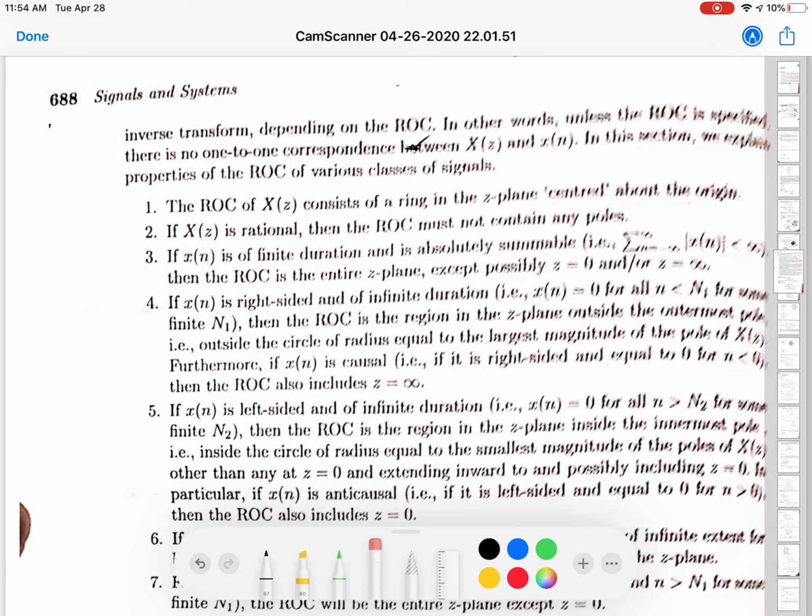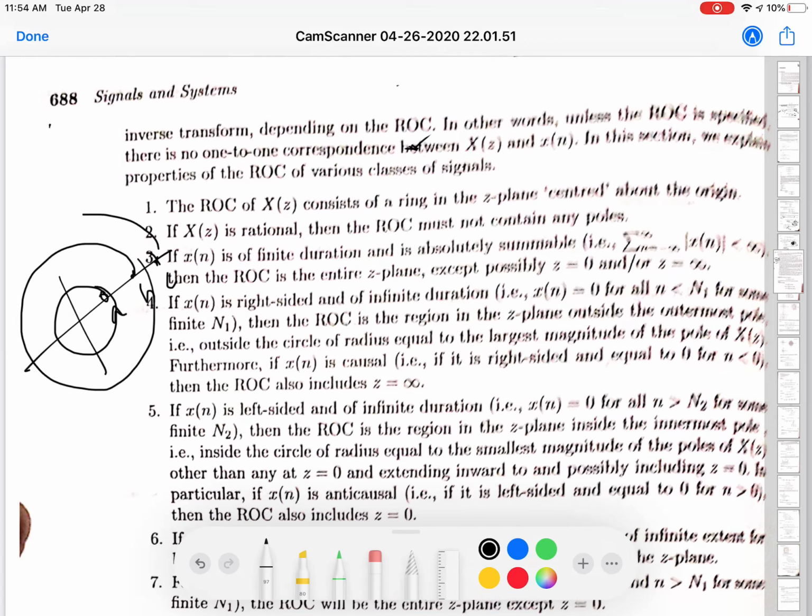Now next property is if x[n] is right sided. x[n] is right sided means x[n] is defined for n greater than 0, then region of convergence in the z plane is outside the outermost pole. Outside the outermost pole means, let us suppose in the rational system function there are many poles. Let us suppose the poles are at a, b, c.